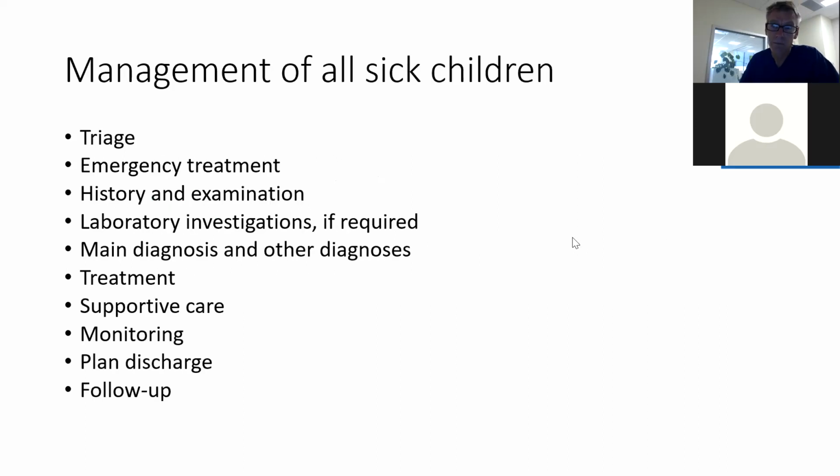We know that the management of all sick children can follow the same stages of management. In any sick child, we need to do triage and emergency treatment if needed, then take a proper history and do an examination, like I mentioned, and then any laboratory investigations based on the history and the examination if they're required, and then come up with the main diagnosis and other diagnoses, and then decide on your treatment and supportive care and monitoring.